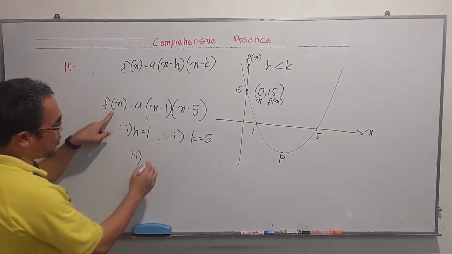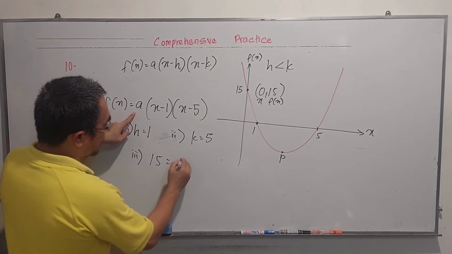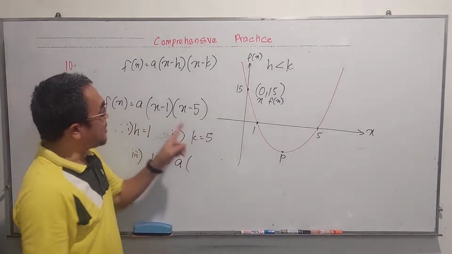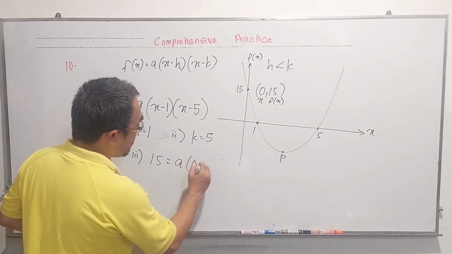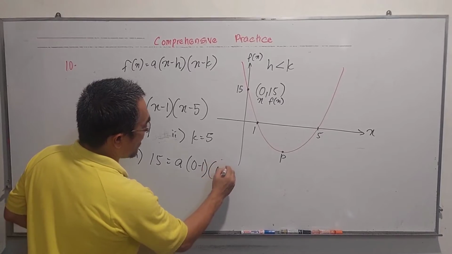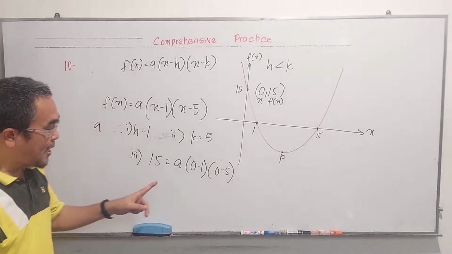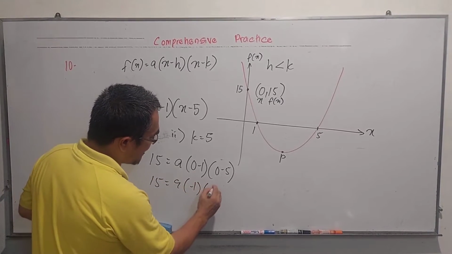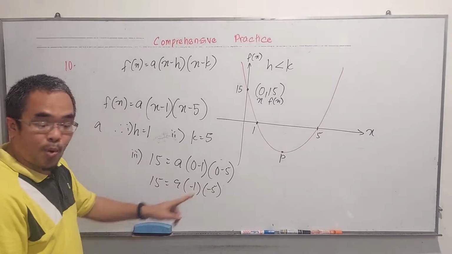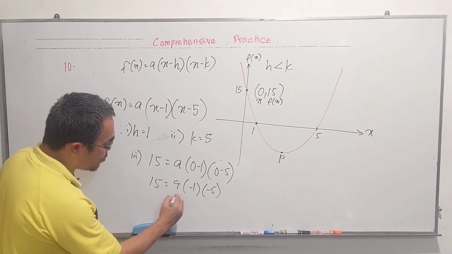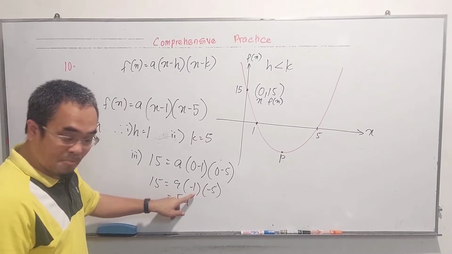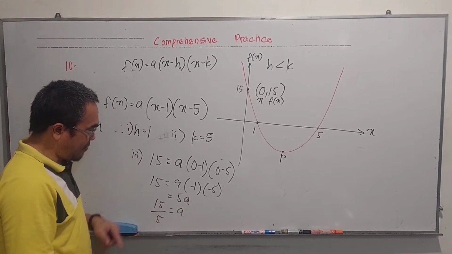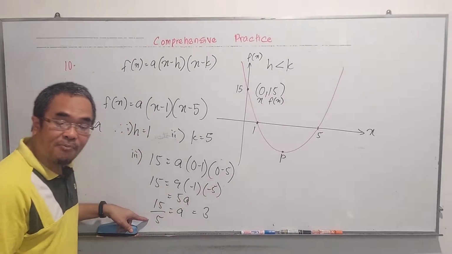So 15 equals a times (0 minus 1)(0 minus 5). In the brackets will be negative 1 and negative 5. Negative 1 times negative 5 is 5, so here it will be 5a. To find a, I move that, so a is 3 because 15 divided by 5.